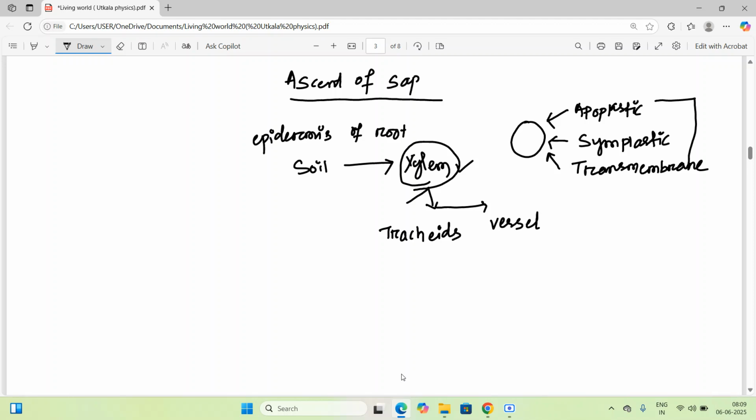The tracheids are elongated, hollow, dead cells with highly lignified walls.